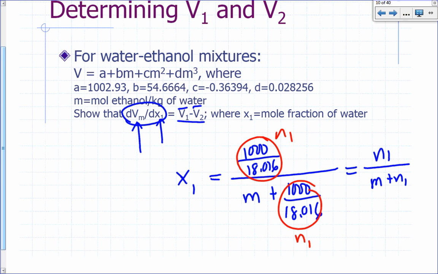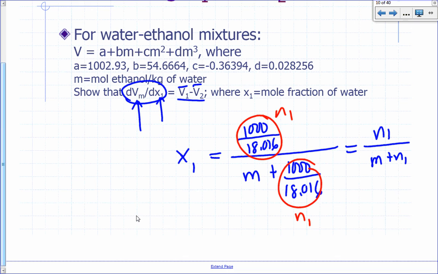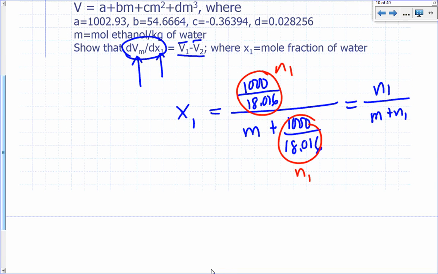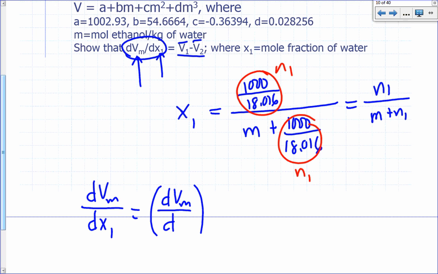Okay, so what do I need to do? I need to take the derivative of V sub m with respect to x1. I can use the chain rule for that. I can say that's the derivative of Vm with respect to m, because I know how V sub m depends on the molality, and then I'll take the derivative of m with respect to x1.